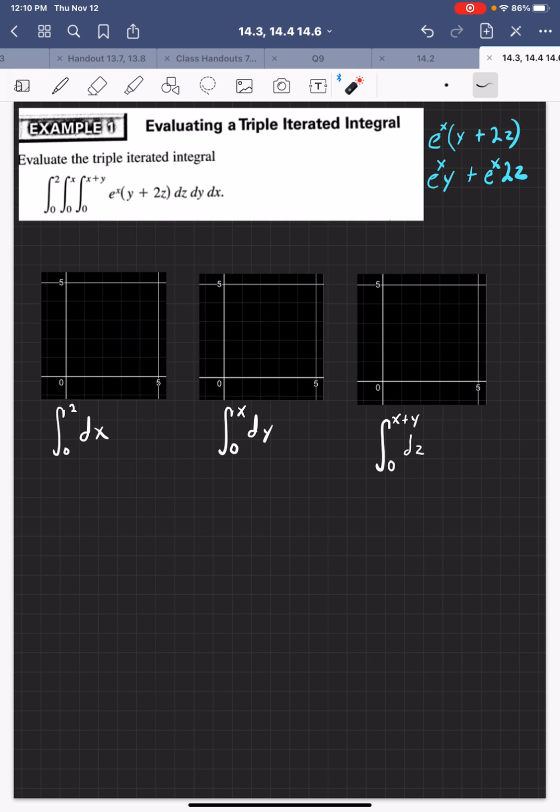And basically what you have is you have a plane at z equals 0, and you also have a plane slicing through the xy axis at x plus y. So let's go ahead and start this integration process. So we're going to be integrating with respect to z first.